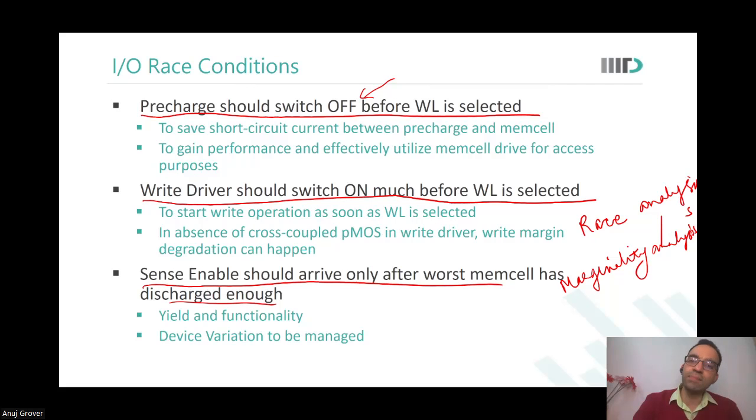And for all these margins, whenever you talk about characterization, you would do it at SS, say SS 1.08 volts, 125C. But whenever you talk about these margins, you also need to check at SS 1.32 and 125.